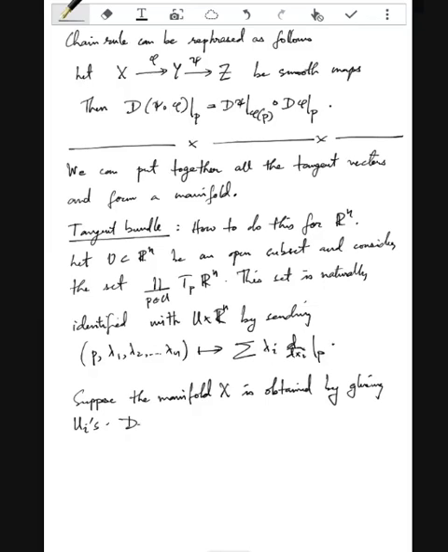So define phi ij tilde from U ij cross Rn to U ji cross Rn by p comma v maps to phi ij of p comma t phi ij at p applied to v.